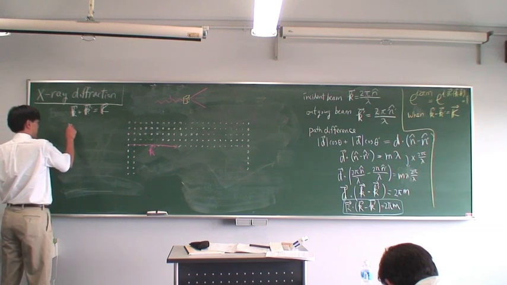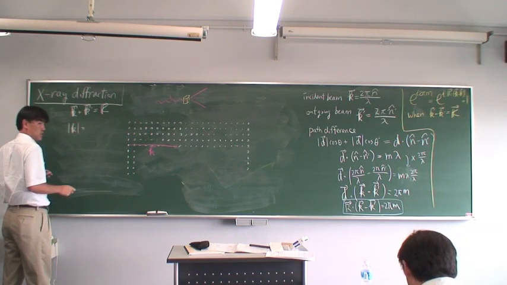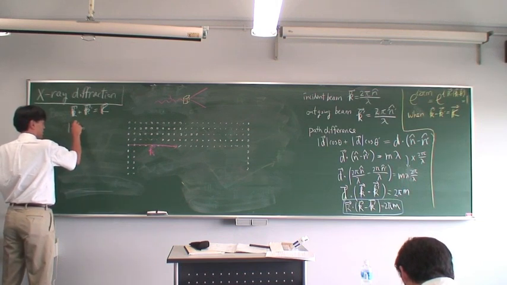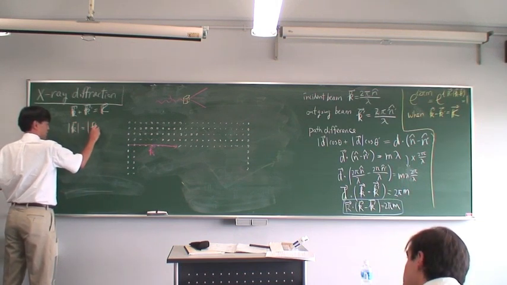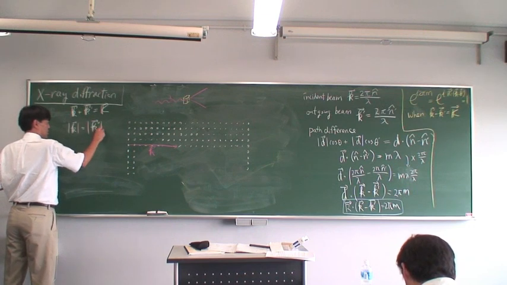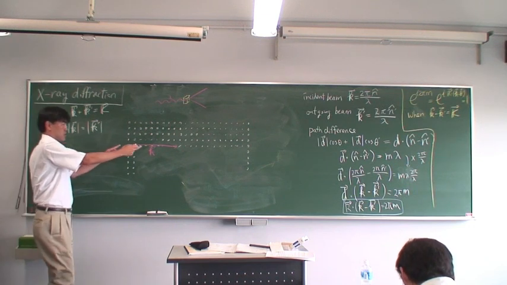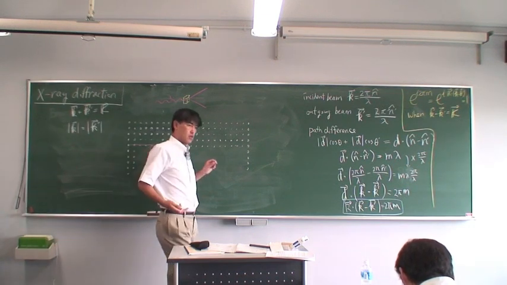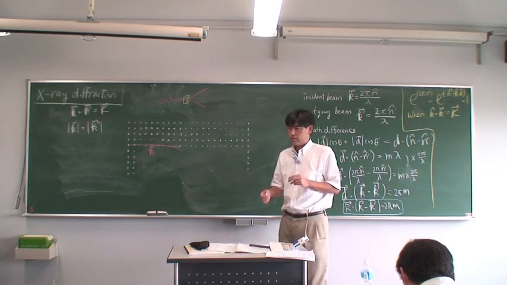Also, the magnitude of K prime is the same as K; the length of this vector stays the same.